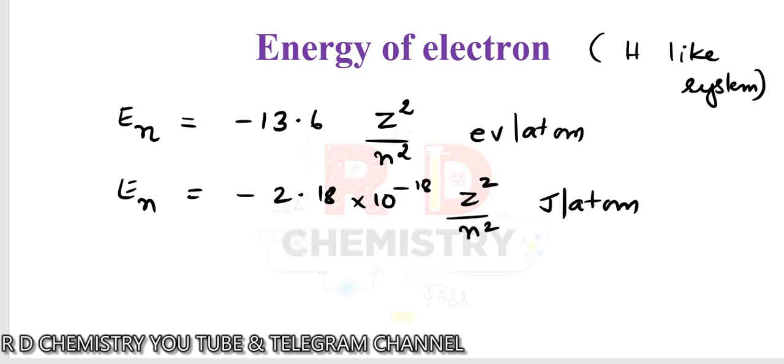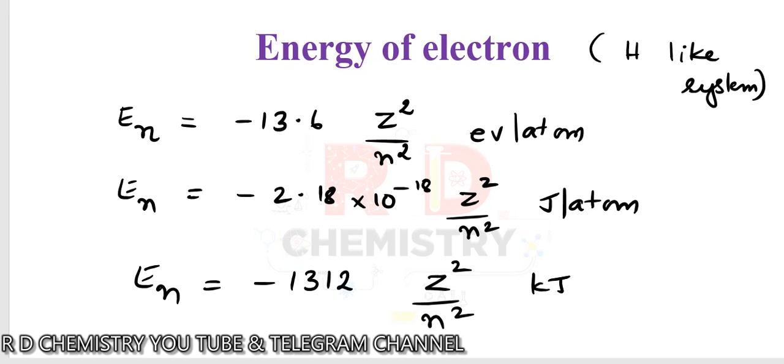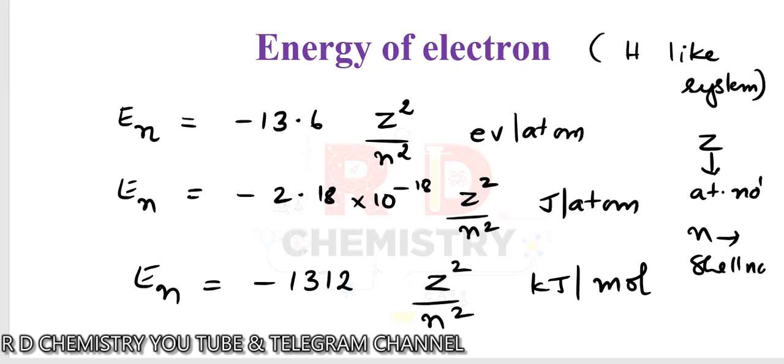Energy of the electron is also equal to minus 1312 Z square divided by n square in terms of kilojoule per mole, where Z stands for the atomic number of the species and n stands for the shell number or the orbit number.